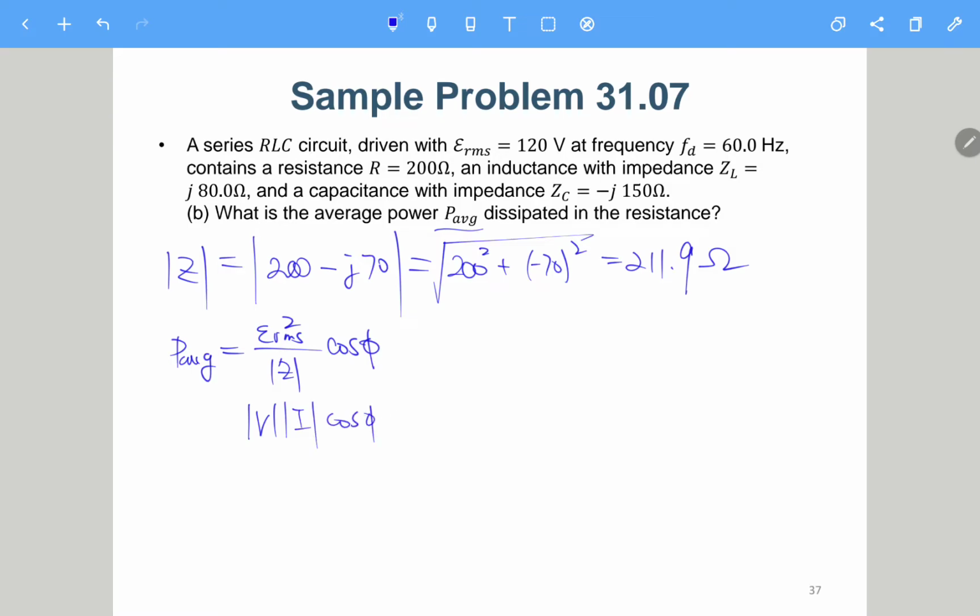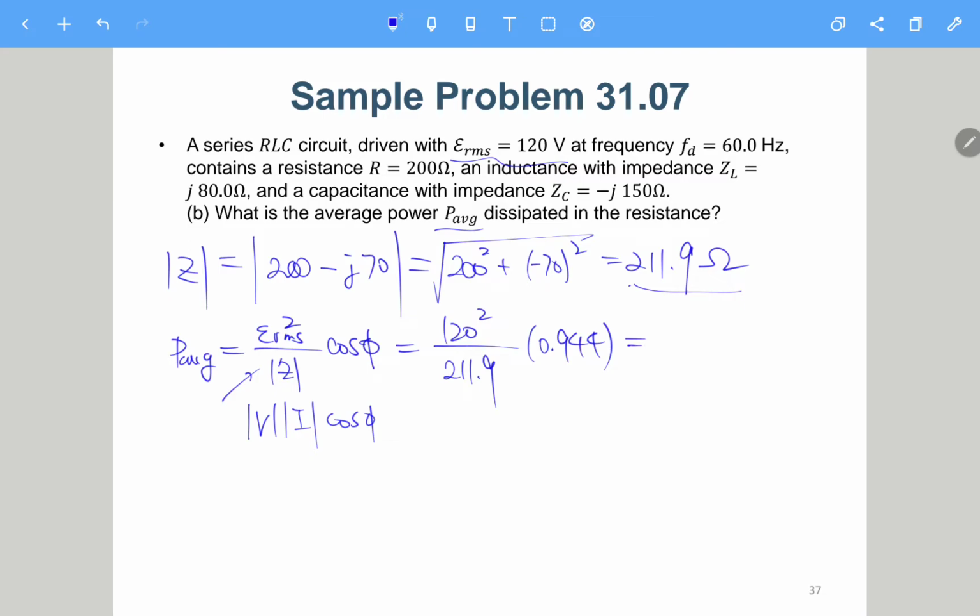But here we have ERMS. We also can get the absolute value of Z easily, so we will use this expression. ERMS is 120 squared and then over 211.9, and then cosine of phi is nothing but 0.944 from the previous slide.